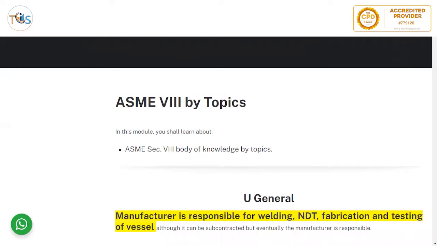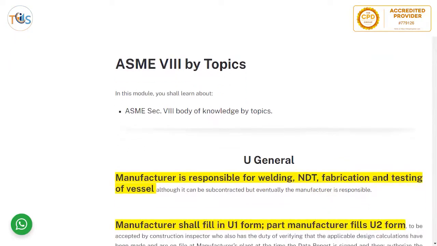So both are the same, but practically this is more integrated if you go by topics rather than by sections, because with sections you have to jump from one section to another section to solve the same problem, whereas here we have gone by topics, so the sequence is by topics rather than by sections as structured in ASME Section 8.